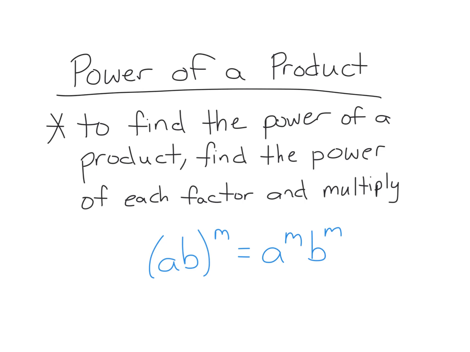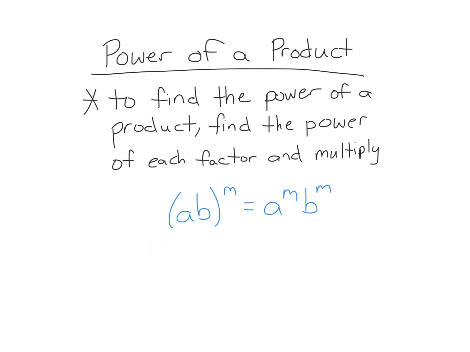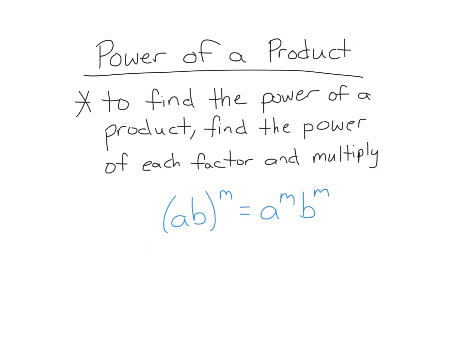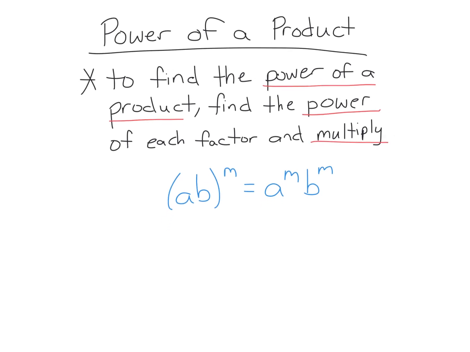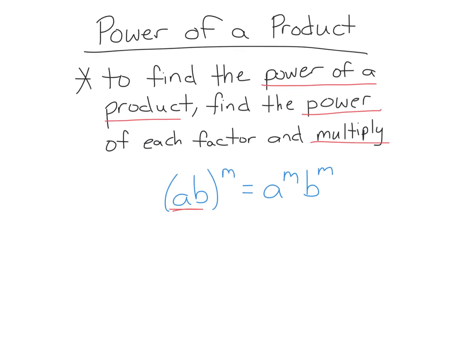Power of a product. I'll give you some time to write this down. So power of a product, what does product mean? Multiplying, right? The answer of a multiplication. Good. So you're going to find the power of each factor and multiply. So if I have a product, a times b, raised to the same power, think distribute.